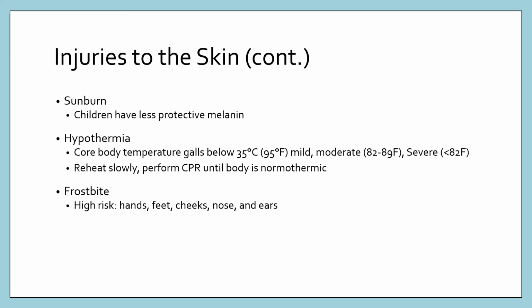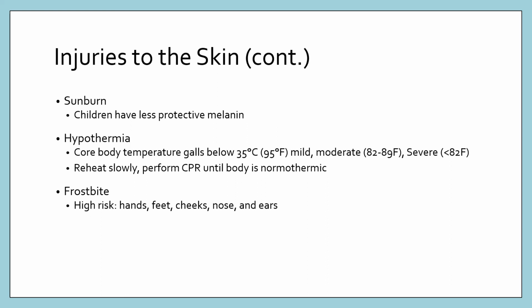Hypothermia. This is the opposite problem. Anytime your body temperature drops below 95 degrees Fahrenheit, that's hypothermia. It's mild. Moderate is 82 to 89, and severe is a core body temperature less than 82.